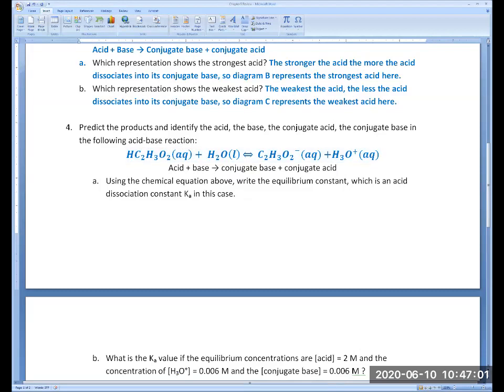So H3O plus is its conjugate acid. Okay, so that's how we would identify the acid, the base, the conjugate acid, the conjugate base. So that answers the first question. Do you have questions on that?